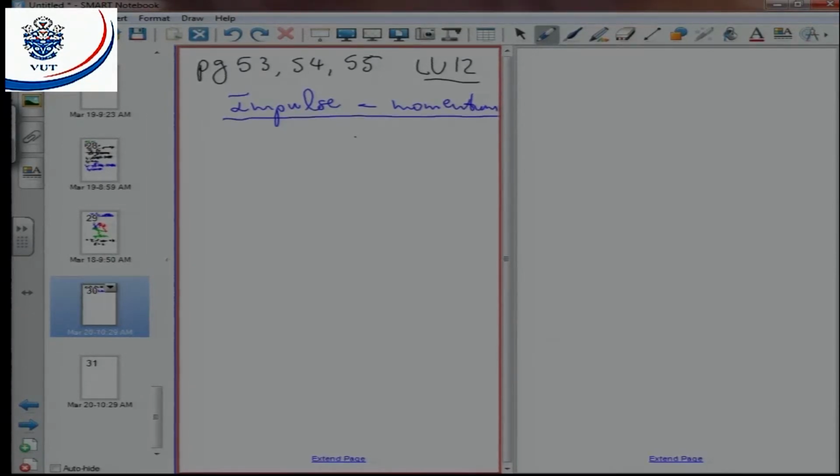Okay, so what is momentum? So we will study what is called linear momentum. There's angular momentum as well, which we don't study. So by definition, linear momentum, we use the symbol P, it's a vector, so we need the arrow on top.